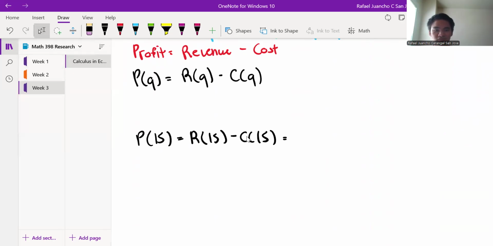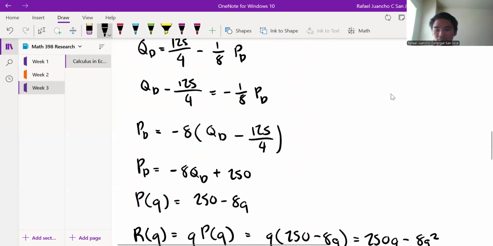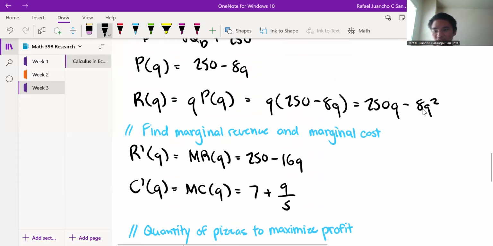The P of 15 is basically this guy right here. R of Q is this, so 250Q minus 8Q squared. So if I plug in a 15 there, I get 750 minus 15 squared, 225 times 8, minus 800. Yeah, I definitely messed up.